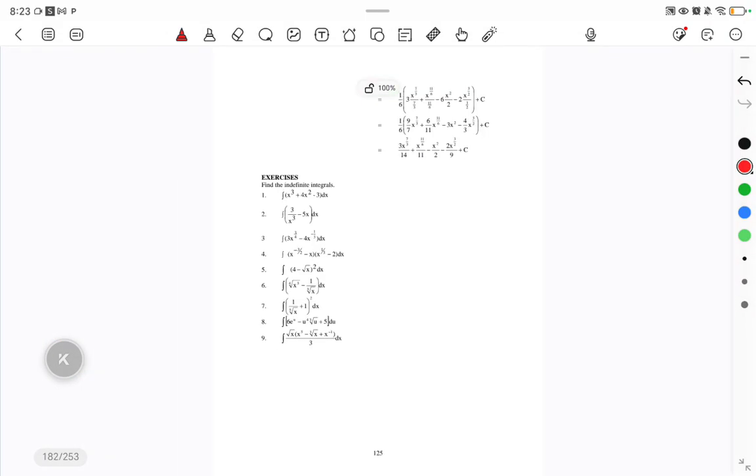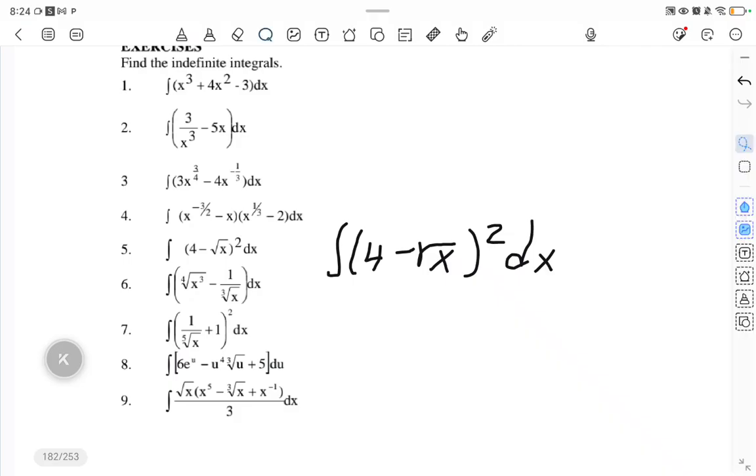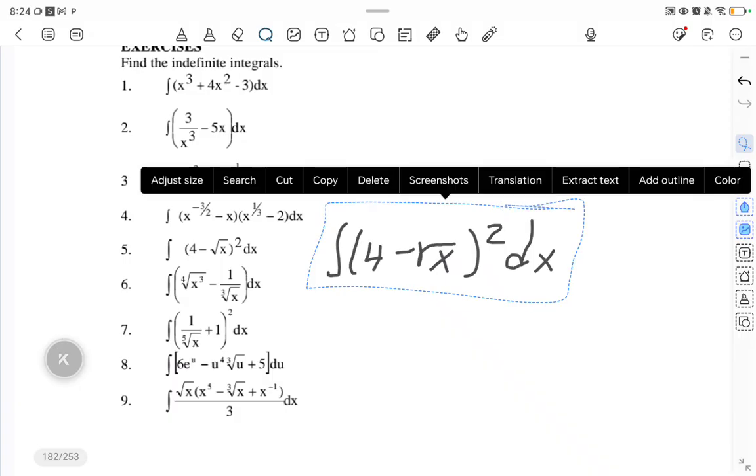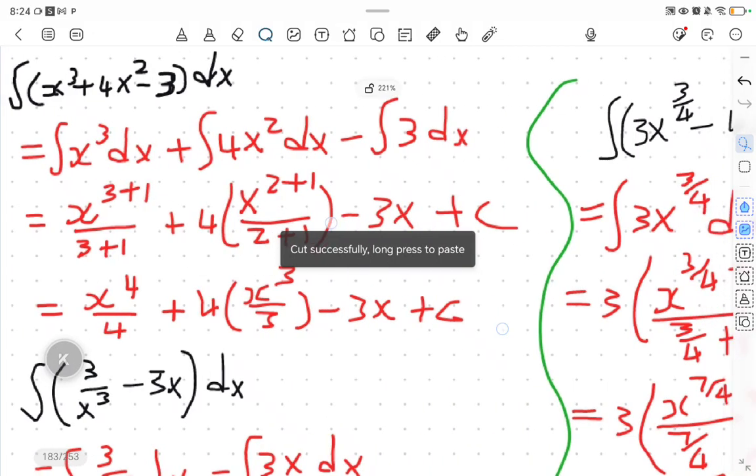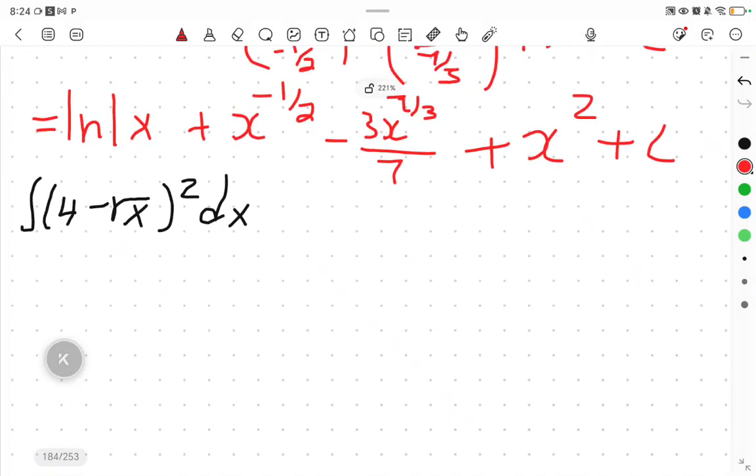So now another question that we have is this one. Now we're given the integral of 4 minus root of x squared dx. This is the same thing.